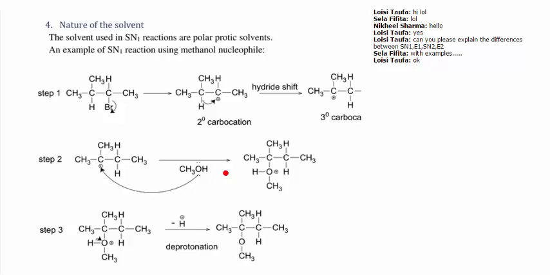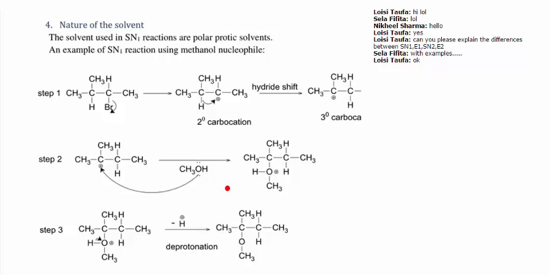So once the molecule is attached to the carbocation, the oxygen is going to attain a positive charge because now it's bonded to 3 different groups: the larger carbocation, the hydrogen, and the methyl group.